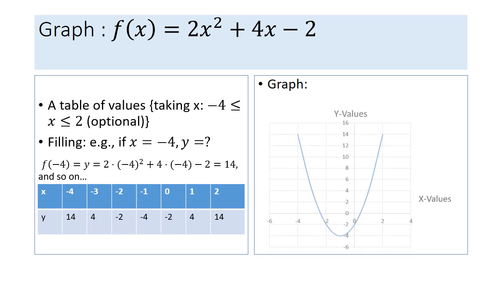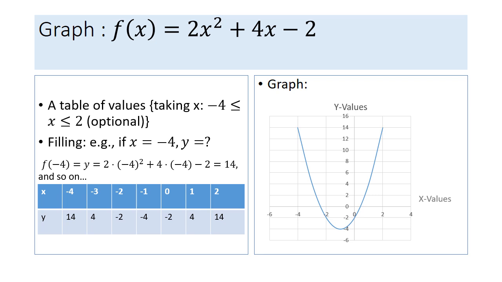Let's continue. Yes, if you take these values and you draw the graph, your graph will appear like this: a horizontal line that consists of the values of x, and a vertical line that consists of the values of y.